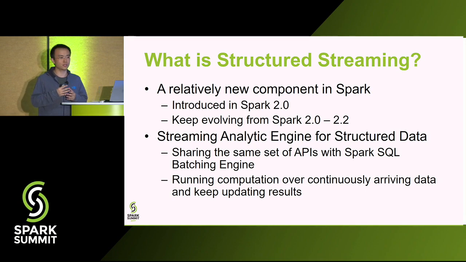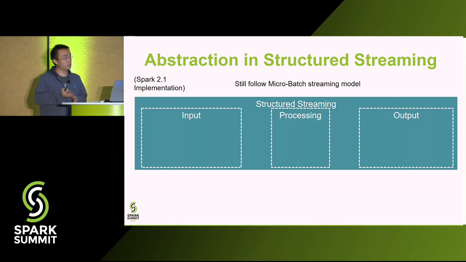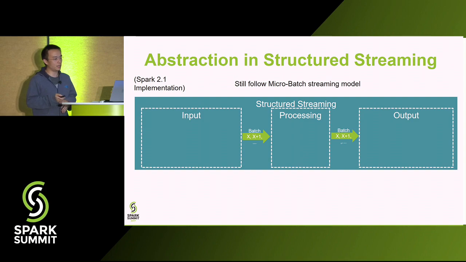It shares the same set of APIs with Spark SQL, and the users can use these APIs to describe their computations, and structured streaming internally will apply these computations over the continuously arriving data and keep updating the results. In structured streaming, at least until 2.1, we still follow the micro-batch streaming model. That means the data comes from input to processing and to output in micro-batches.